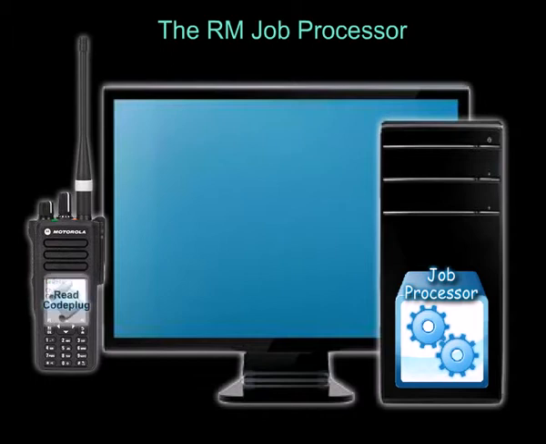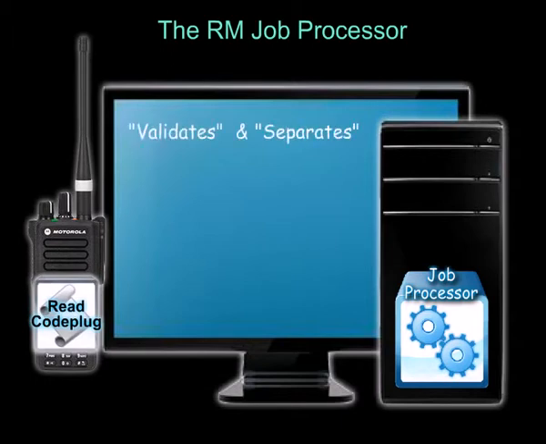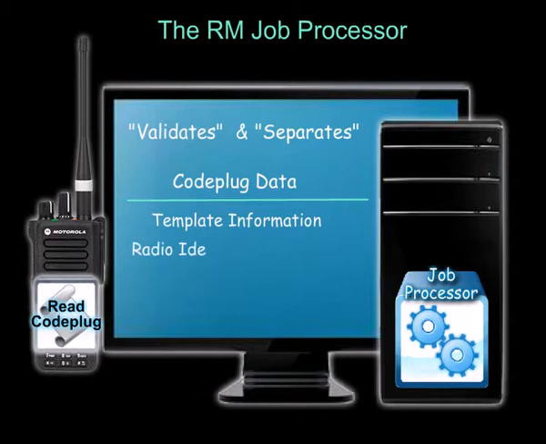For read jobs, the job processor validates and separates the code plug data. This data separation creates template information and radio identity information, which is then stored in the RM server.